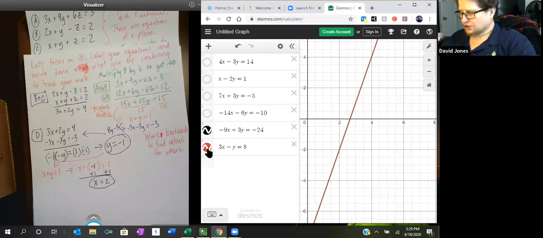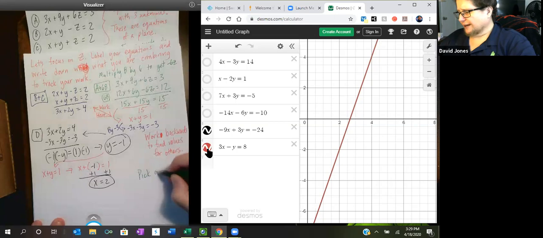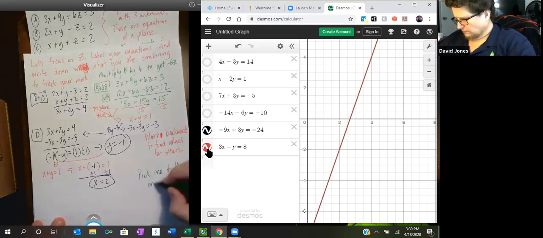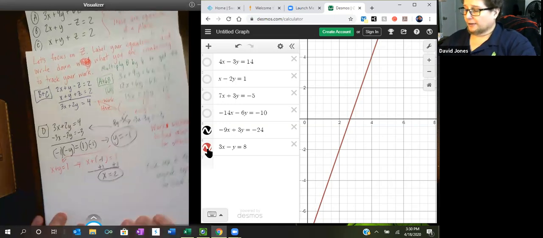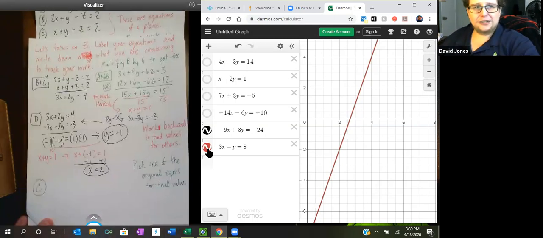And now I just need to find z. Pick one of the original equations for the final value. You can pick any of them you like, but I think working with C here had the least number of coefficients.